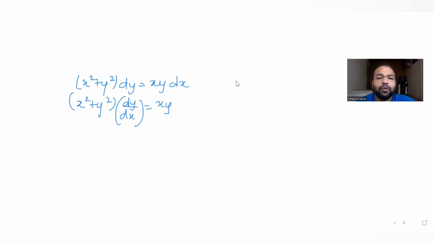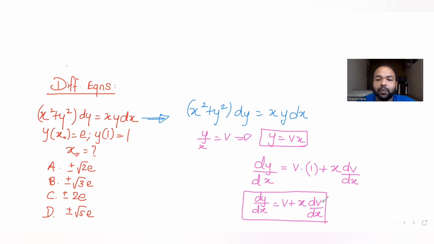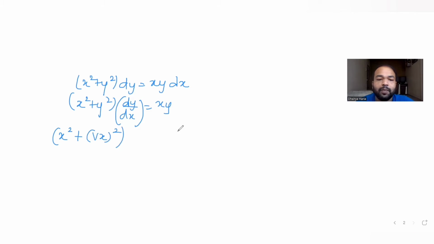So instead of y, now I'll write vx. So it becomes (vx) the whole squared. Instead of dy by dx, I'll write v plus x into dv by dx. That is equal to x into vx.